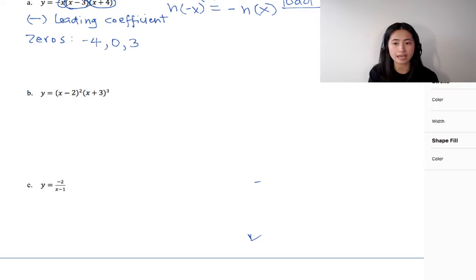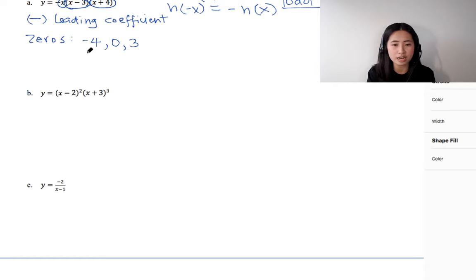In that case, you're going to see that the multiplicity of x plus 4 is going to be 1, right? So what is multiplicity? Multiplicity is when you're looking at the different factors, and it's sort of like an exponent. If you look at x plus 4, your exponent right here is actually 1.